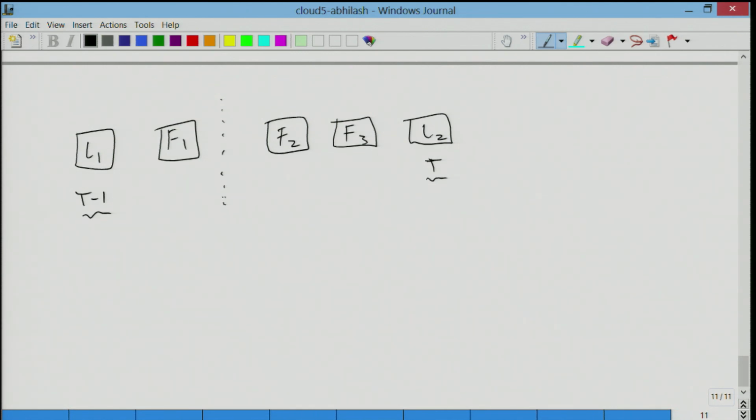Yeah, so one possibility is there was a network partition, right? So all these three folks think that L1 is dead, right? So they elected a new leader called L2, but L1 still thinks that L1 is the leader for the t minus 1 term.